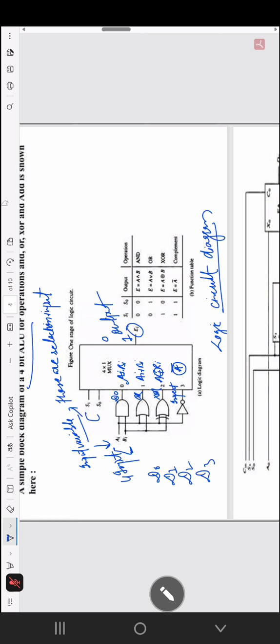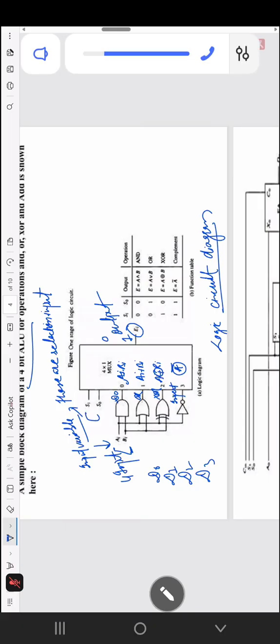Is it clear? So each of the 4 inputs to the multiplexer, levels 0, 1, 2, 3, comes from a different logic operation on the AI and BI inputs. Is it clear? So the operations performed here are AND, OR, exclusive OR and complement.